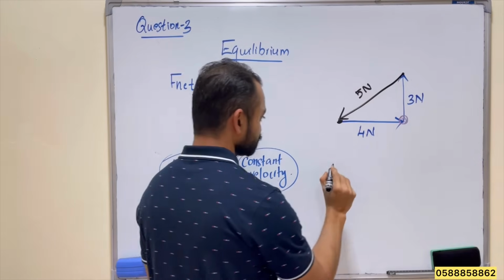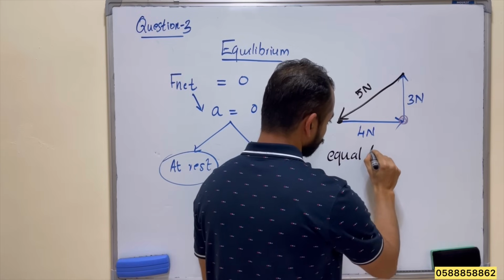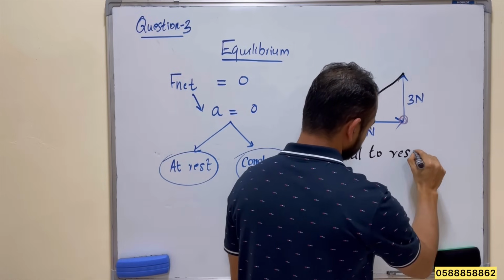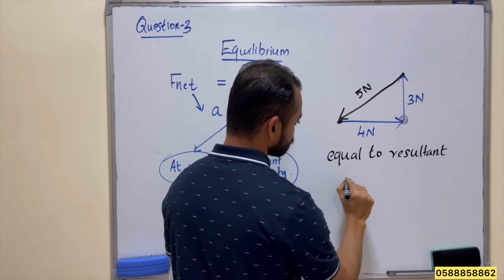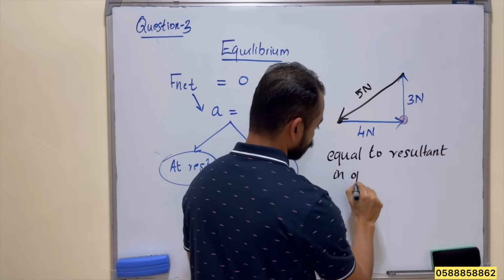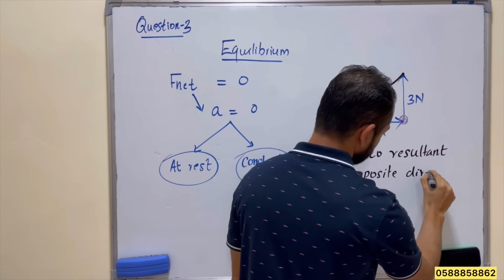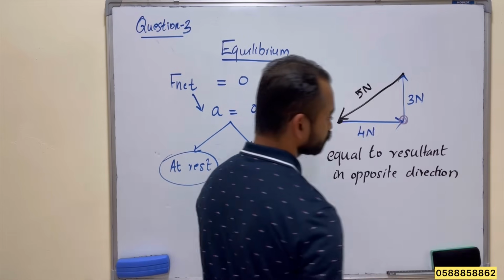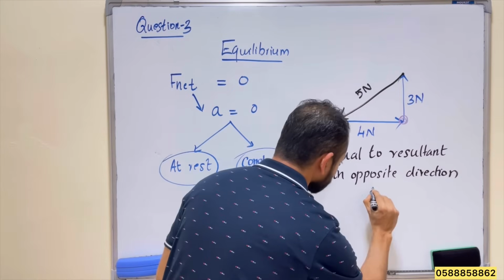The force that is equal to the resultant in opposite direction is called what? What's the name of that force? That force is called equilibrant.